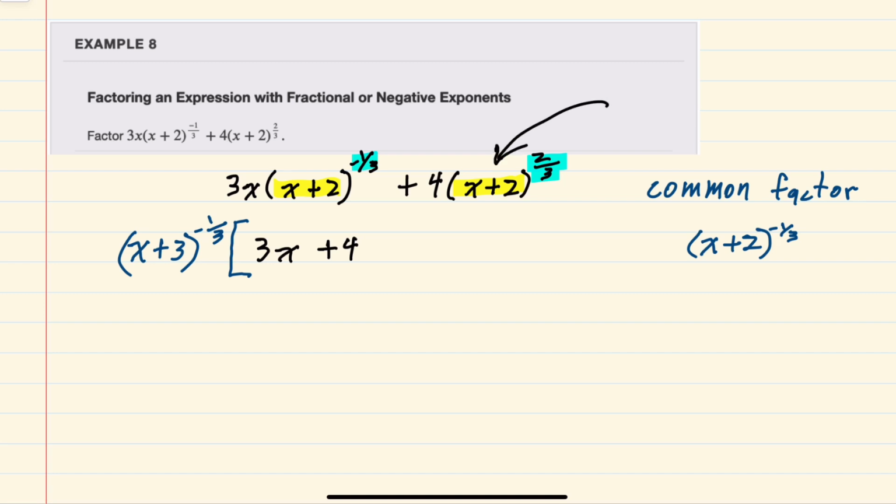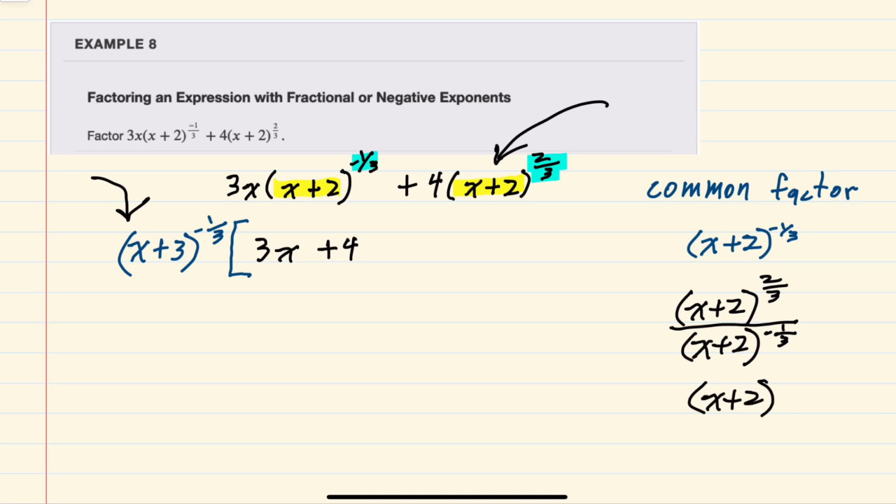If I factor out an x plus 2 raised to the minus 1/3, to find out what's left, recall that we can use division. So x plus 2 raised to the 2/3 divided by that x plus 2 raised to the negative 1/3, we can combine to be x plus 2, and we would have the power of the top, 2/3, minus the power of the bottom, which is negative 1/3.